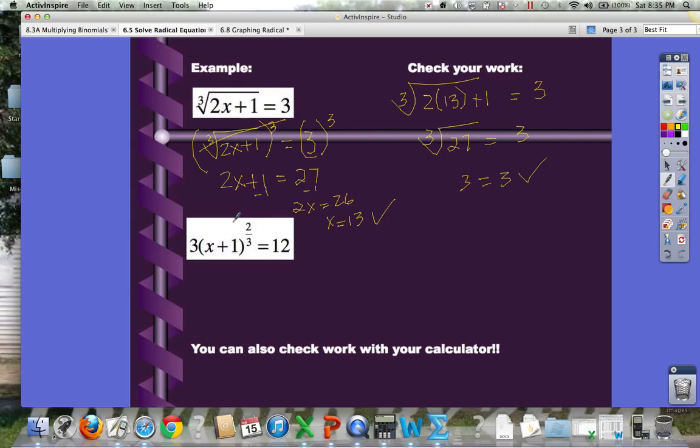Okay, so you're going to want to divide by 3. So I'm writing x plus 1 quantity raised to the 2/3, we still haven't done anything with that, equals 12 divided by 3 to get rid of this 3. So that's going to be 4.